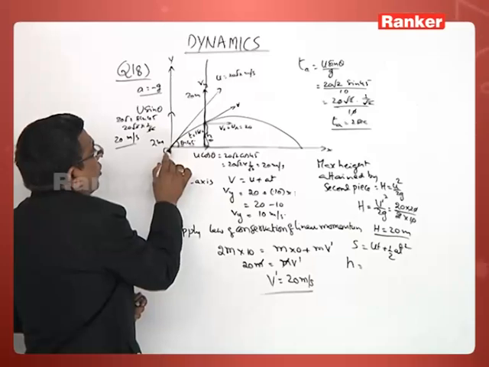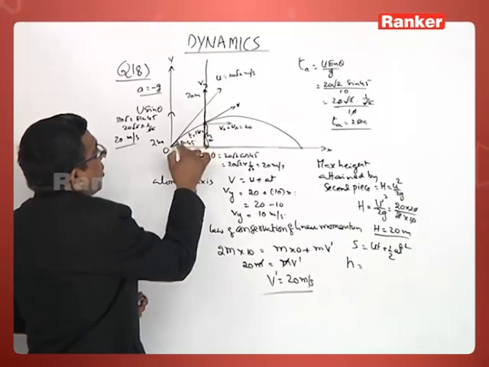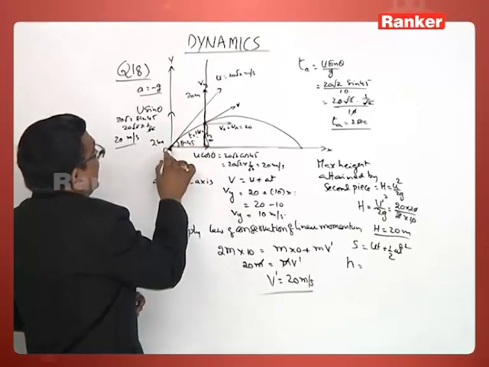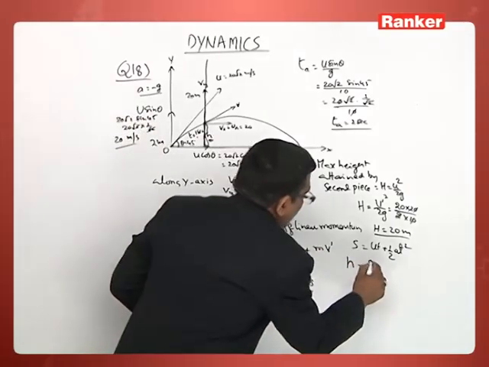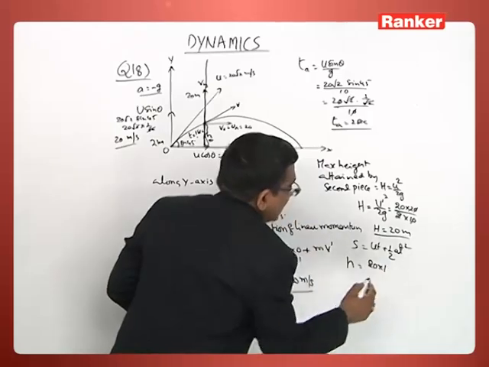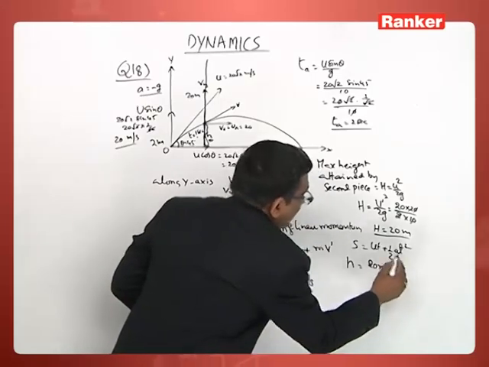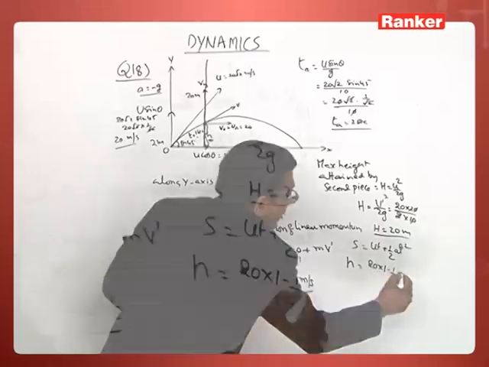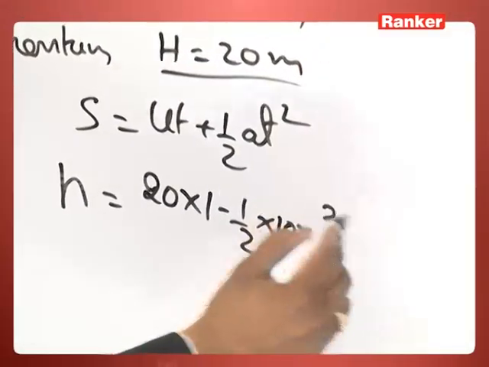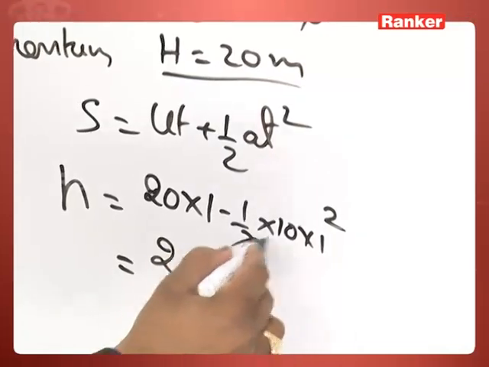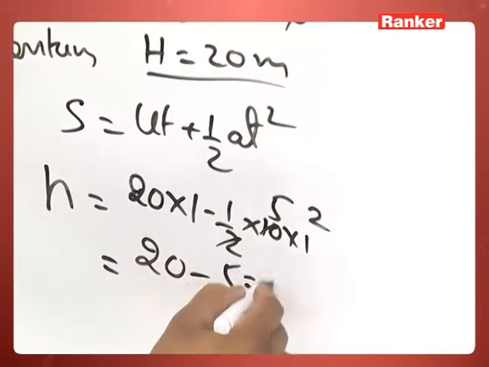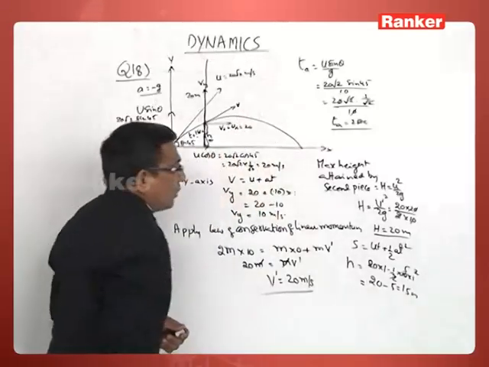Here I projected the body, and it reaches this point in a time t of 1 second. In the beginning, I projected the body with a velocity 20, therefore u is 20. After 1 second, minus half, because a is equal to minus g, 10 into t square, which is 1 square. If you take this as 20 minus 5, that means you get 15 meter.